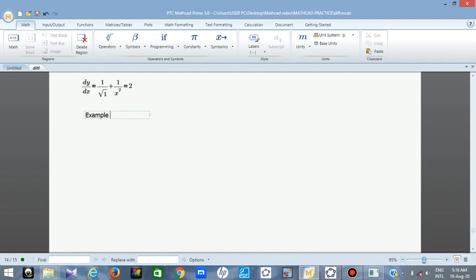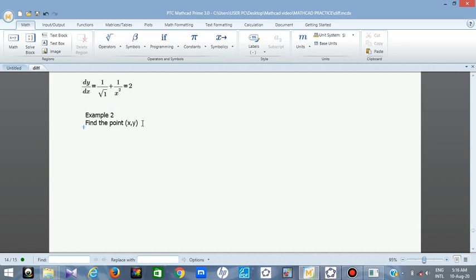Example 2: find the point x comma y. So this is what I'm talking about.